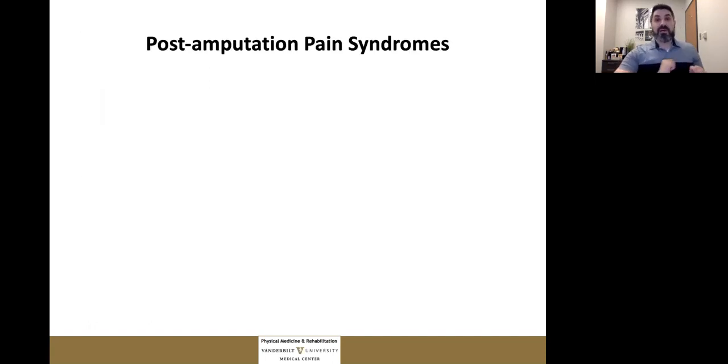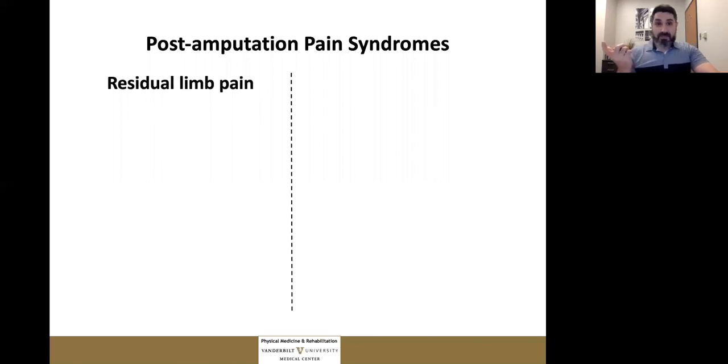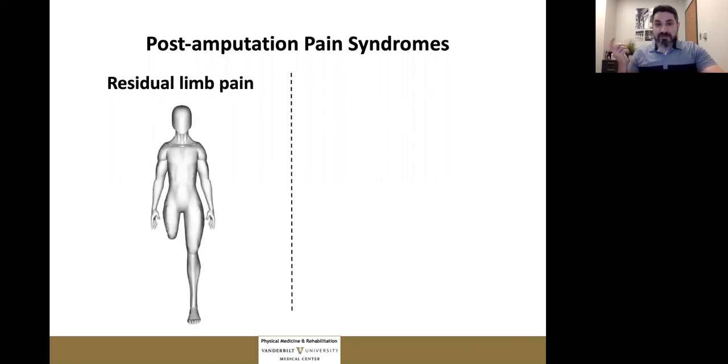Okay, so we're talking about post-amputation pain syndromes today, and we're going to have two broad buckets. Phantom sensations aside, and we'll talk about those a little bit as well, there's residual limb pain. Like we talked about, this is pain in the residual limb itself.